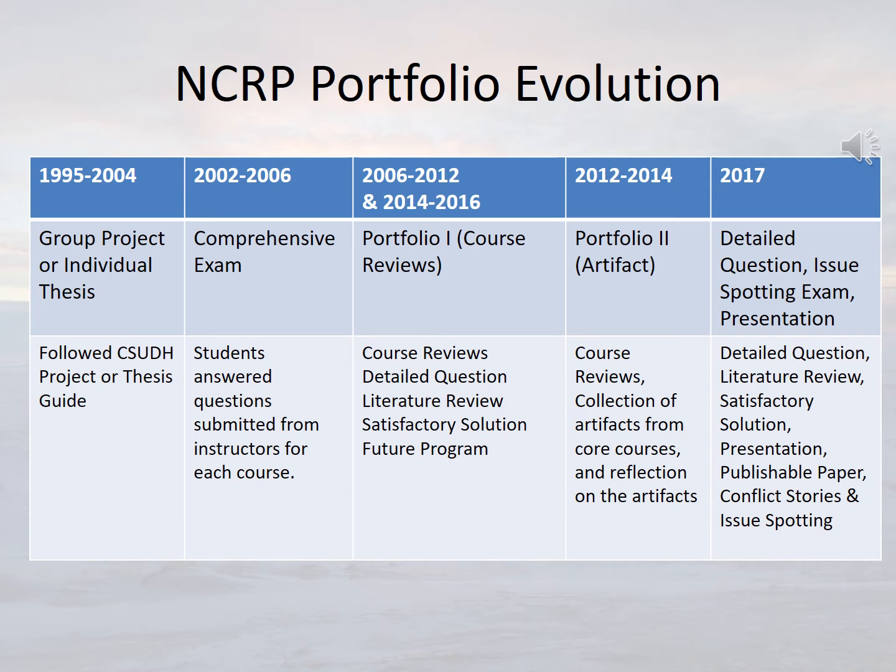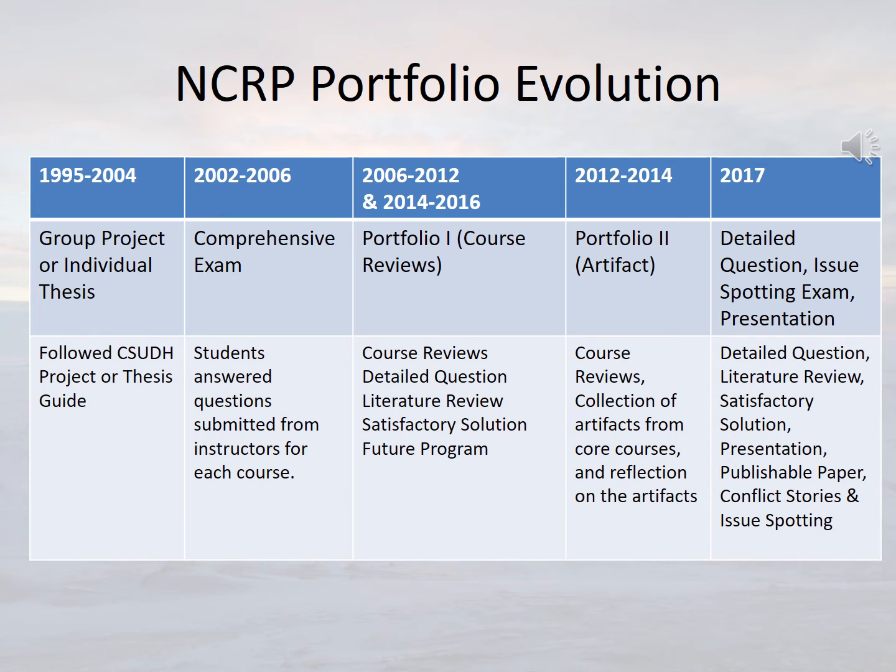The first variation of the portfolio was based on course reviews and a literature review leading to a future program. And then the second variation of the portfolio involved analyzing artifacts. Now we are in the process of creating a new portfolio based on feedback from students in the last few years.